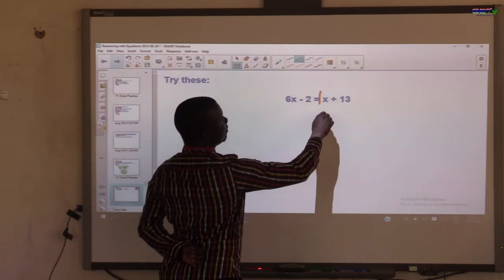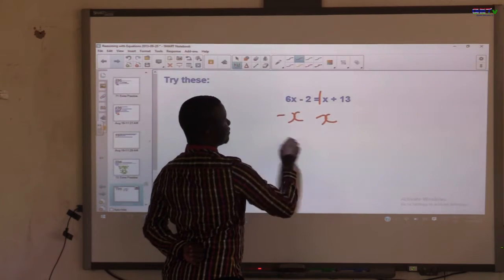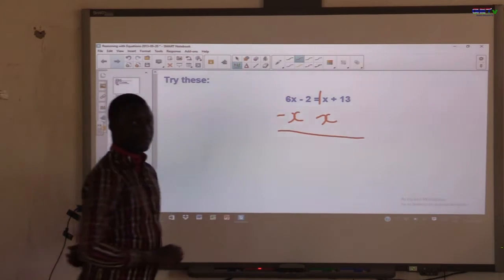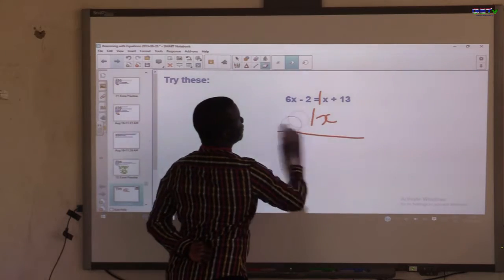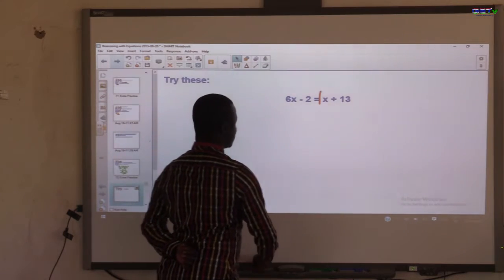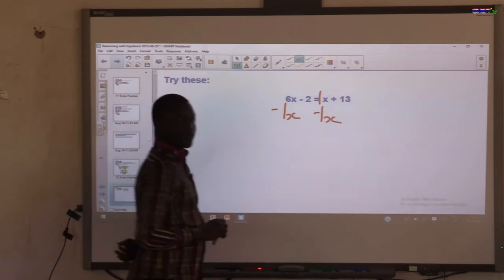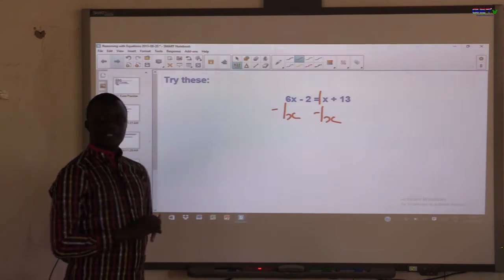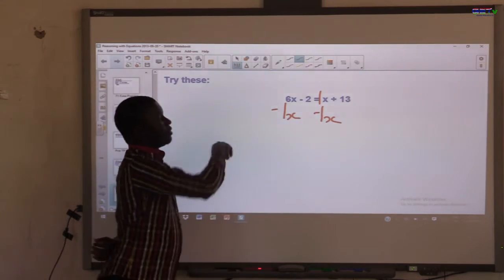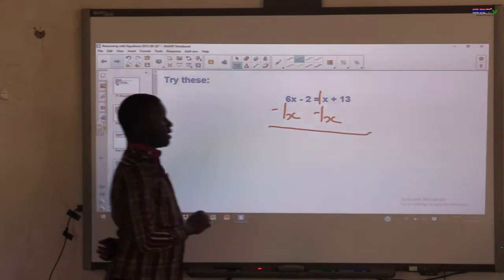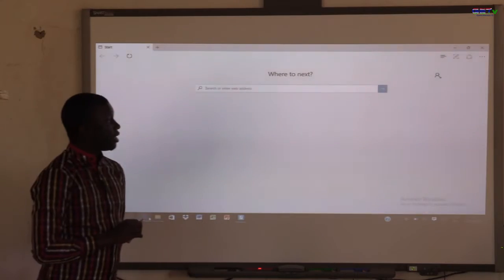So we subtract 1x from each side of the equation. The 1 doesn't matter even if it doesn't show. Mathematically, we don't write it there, but I'm showing you that this x has a coefficient of 1, and this has been discussed in our previous lessons.